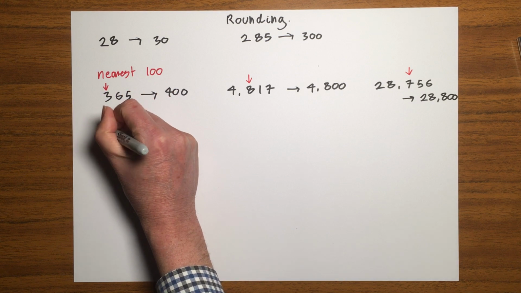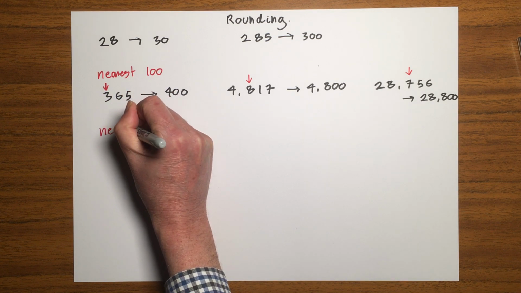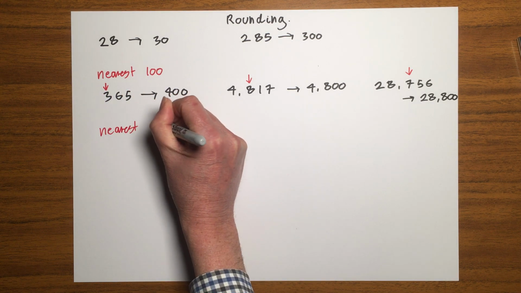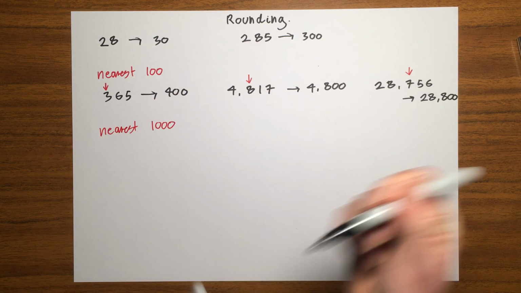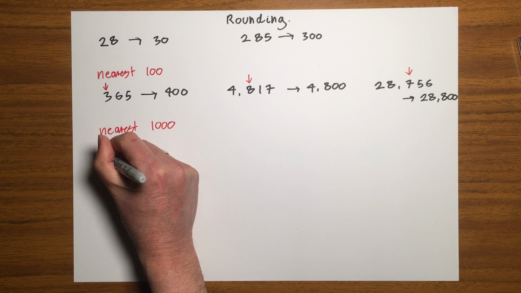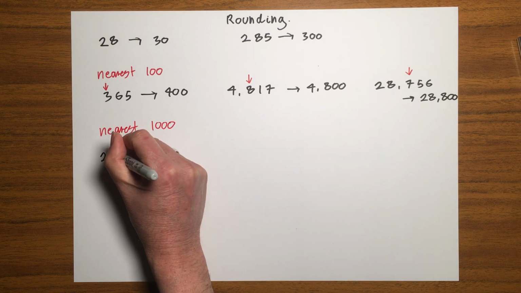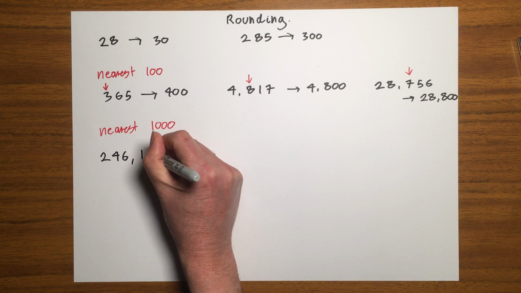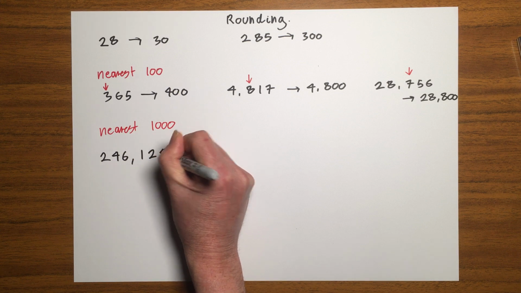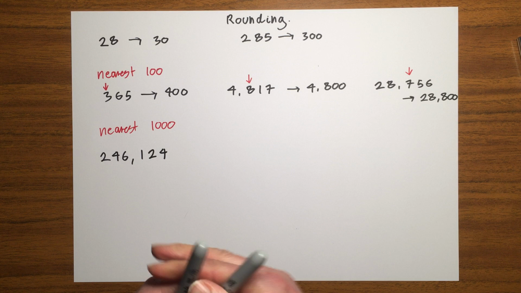Let's go to the nearest 1,000. So let's get some bigger numbers in here. Let's do 256,124. So the first thing is, let's identify where we're rounding to.